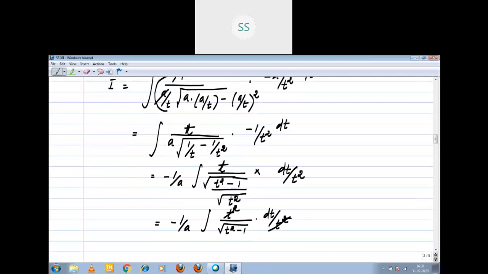So t, here also it becomes t, here it becomes t square. So cancel. Then what can you get, children? t square minus 1, right? Then square root of t square minus 1.